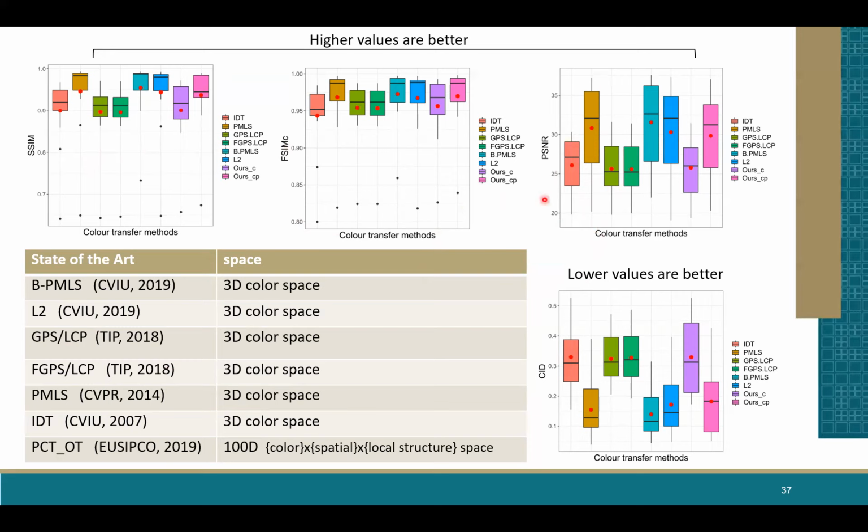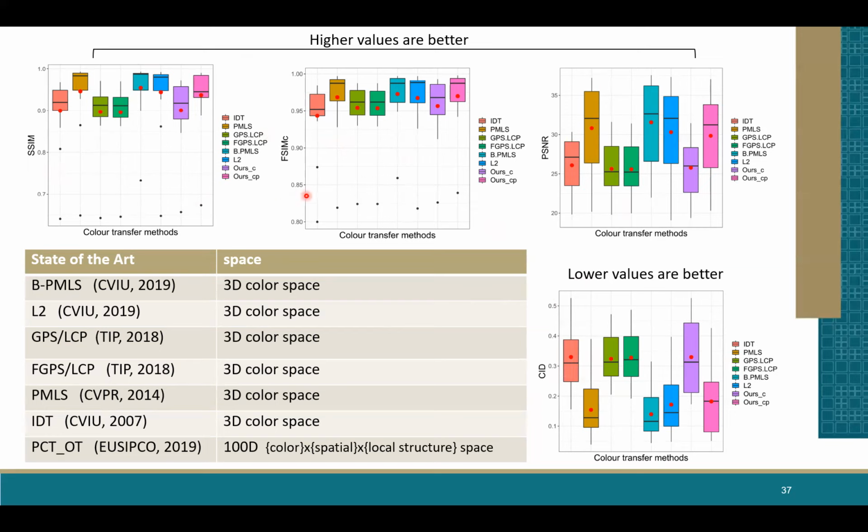To assess the recolor results, we use four metrics: the peak signal-to-noise ratio, the structural similarity index, the color image difference, and the feature similarity index.